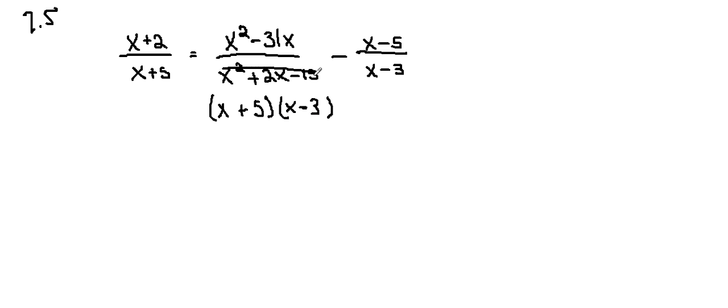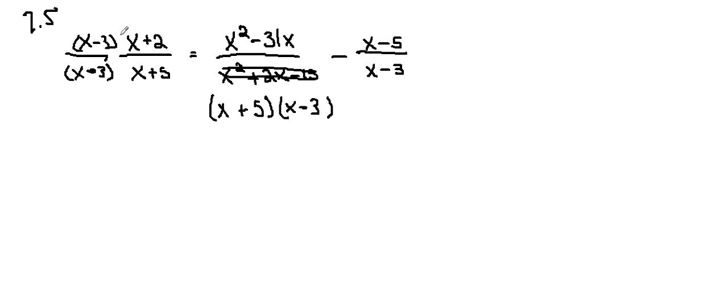Okay, so then from there we can get our denominators to be the same by, let's see, this has got x plus 5, so in order to get it to be x plus 5 times x minus 3, I'd multiply this one by x minus 3, top and bottom, right? x minus 3.